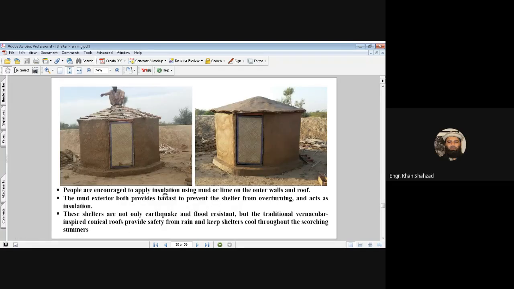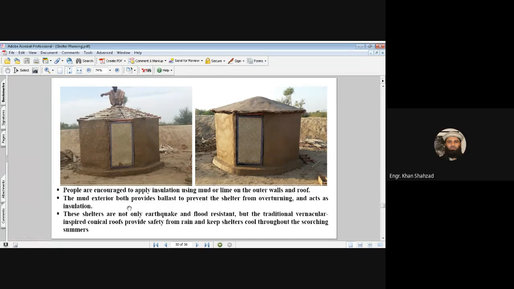People are encouraged to apply insulation using mud or lime on the outer walls and roof. You can provide mud and lime on the top to provide insulation to this shelter. The mud exterior both provides ballast to prevent the shelter from overturning and acts as insulation.